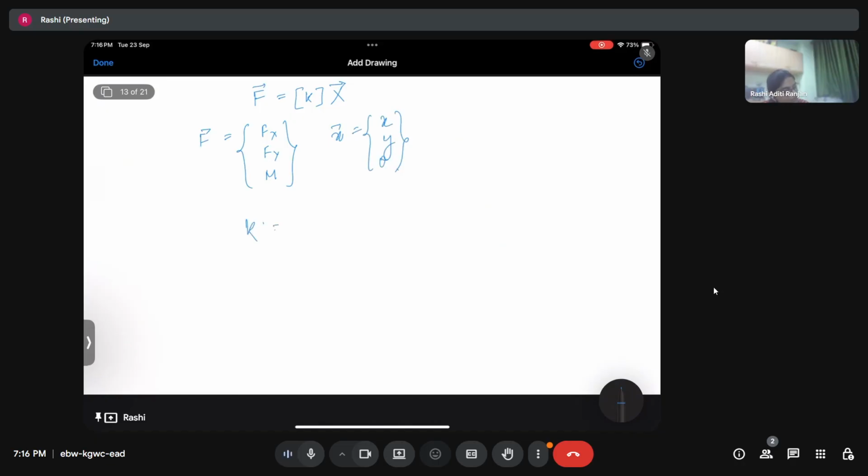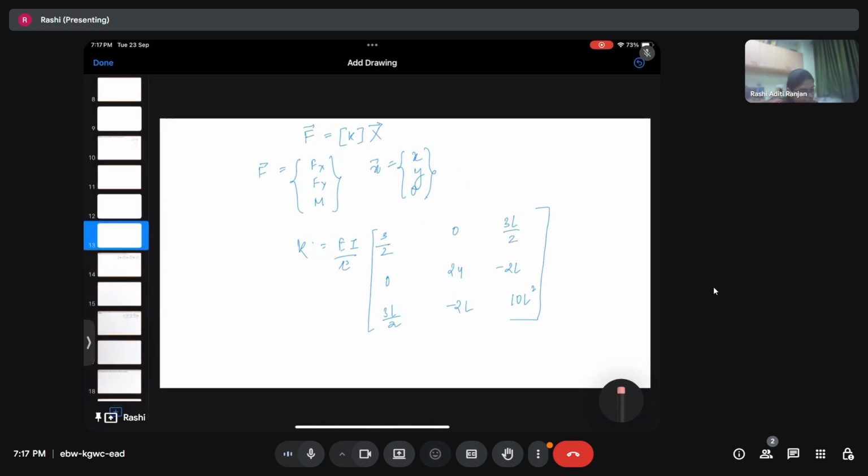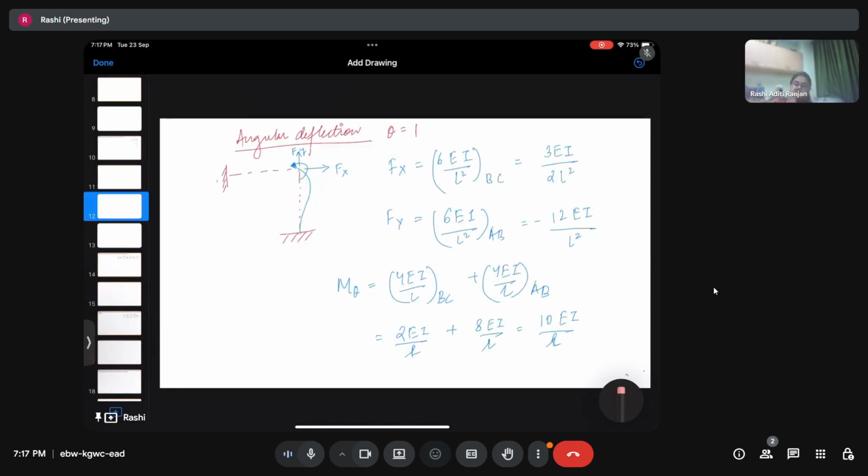So K is going to be nothing but EI by L cube times the matrix: 3 by 2, 0, 3L by 2; 0, 24, minus 2L; 3L by 2, minus 2L, 10 L square. These are the stiffness coefficients. I hope this is clear.